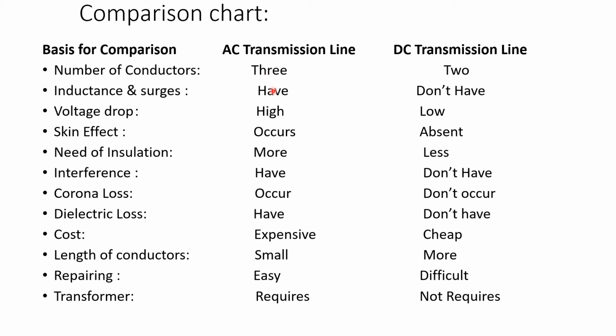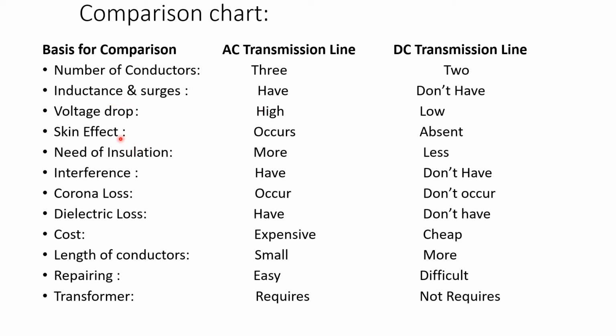In AC we need three conductors for transmission, and for DC we need two conductors. The presence of inductance and surges will be there in alternating current transmission, and the presence of inductance and surges will be absent in DC transmission systems. And the voltage drop will be higher in AC transmission systems, and very low in DC transmission systems, due to the presence of this inductance and surges.